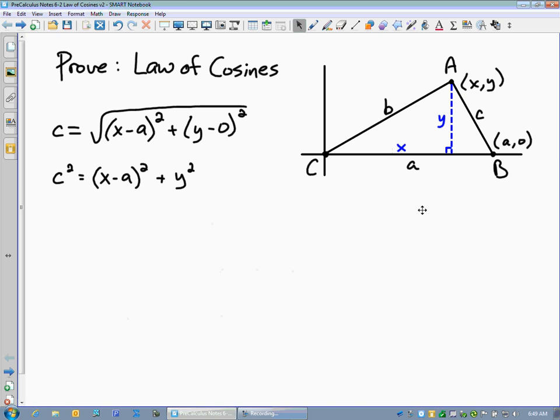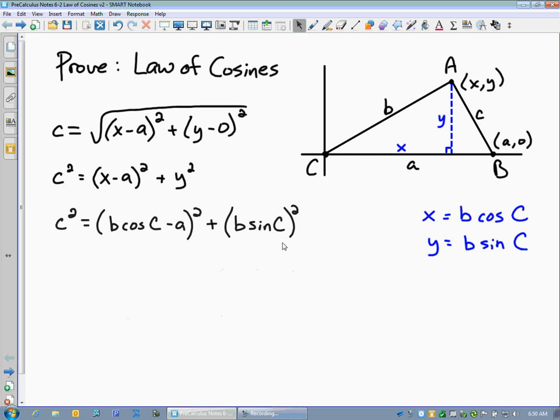So x is equal to b cosine C. Likewise, y is the opposite side with respect to angle C. So that's simply going to be the hypotenuse again times the sine of the angle. So y would be b sine C. So I'm going to make those two substitutions for x and for y, and that would give us this equation here. So instead of x, we now have b cosine C. Instead of y, we now have b sine C.